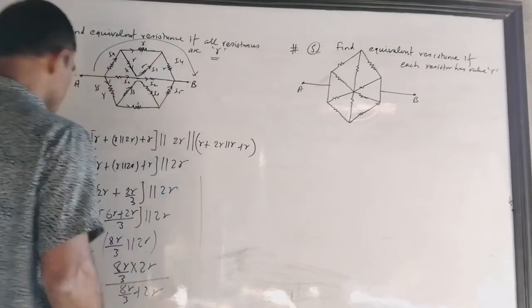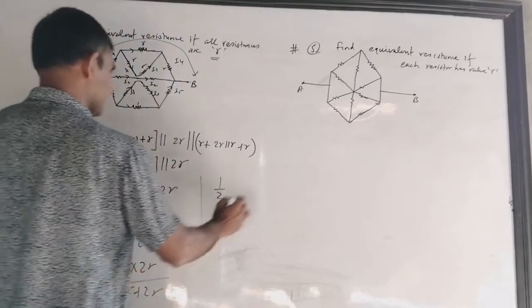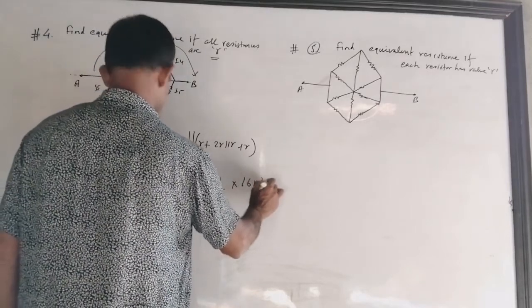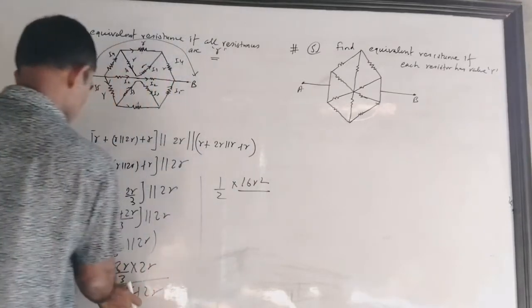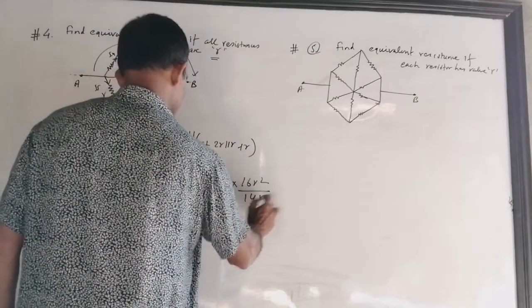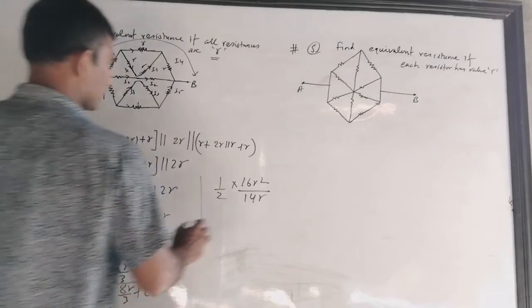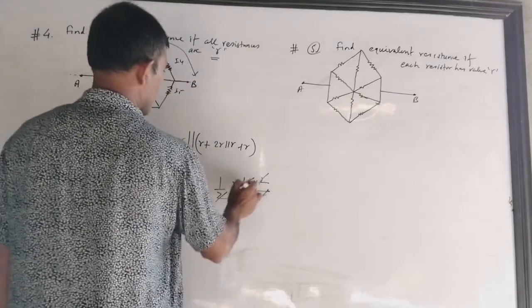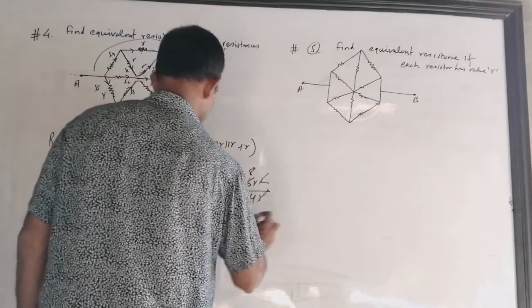Solve it, you can do 1 by 2, and so 8 times 2 is 16, 16R square upon 3 will cut here, and so this 3 to the 6, 8 plus 6, 14, 14R by 3, cutting, and so I think nothing is left here, R cut, and 2 eights, so I got 8R upon 14 ohm resistance.